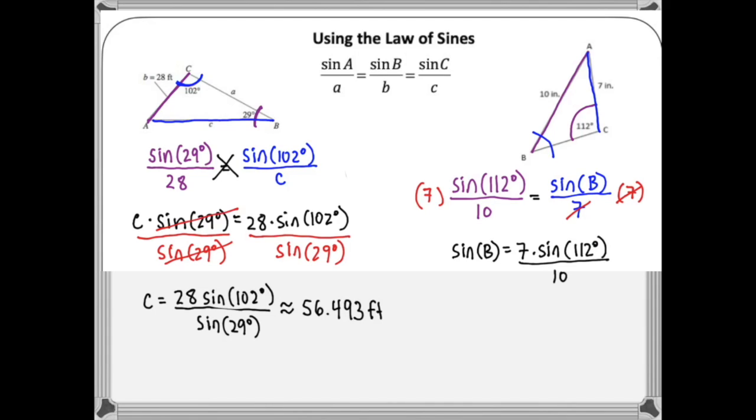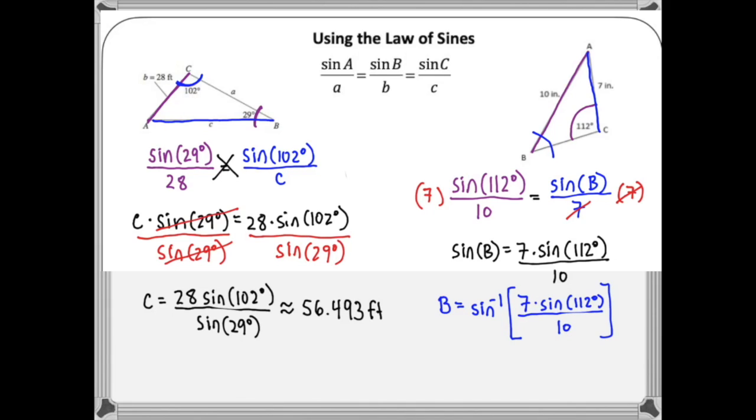Now, it seems like we want to immediately put this right-hand side into our calculator, but for accuracy purposes, I encourage you to leave it. If we're solving for an angle, we're going to say that angle B is going to equal the inverse sine, like we practiced in previous sections, of this guy right here, 7 times sine 112 degrees over 10.